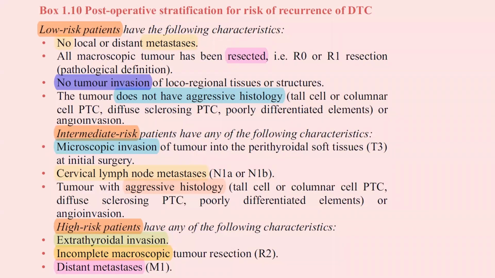But in a low risk patient, we can do total thyroidectomy, and we can also do lobectomy alone. Most low risk patients need not receive radioactive iodine ablation, and the target is a low normal TSH.